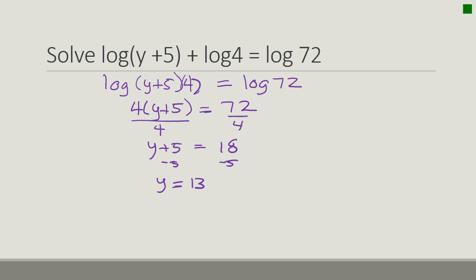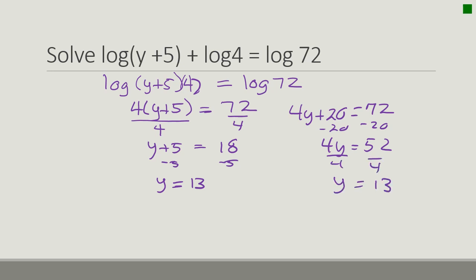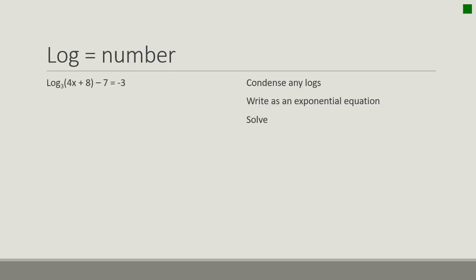Again, you could have distributed first and got 4y plus 20 equals 72. And then if you subtract 20, you get 4y equals 52, and divide by 4, y equals 13. So either way works.